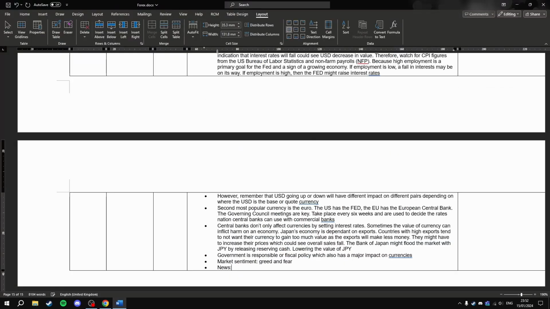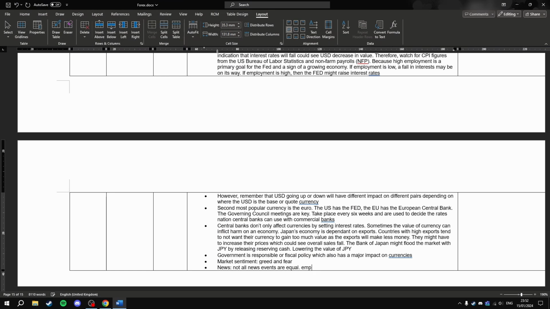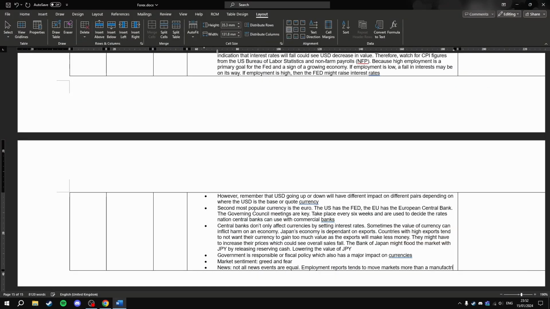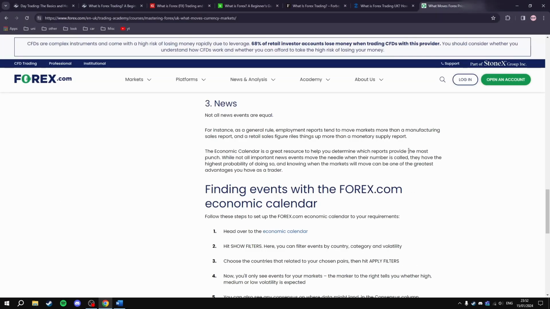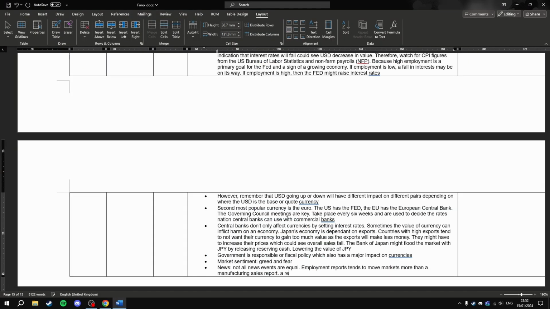Not all news events are equal. Employment reports tend to move markets more than a manufacturing sales report, and the retail sales figures rouse things up more than a monetary supply report.